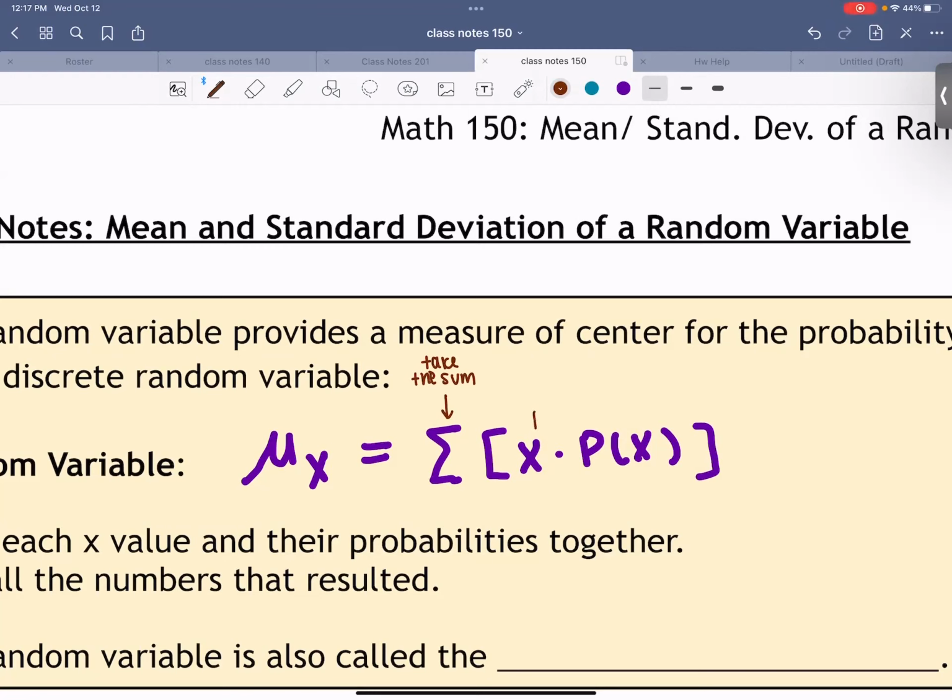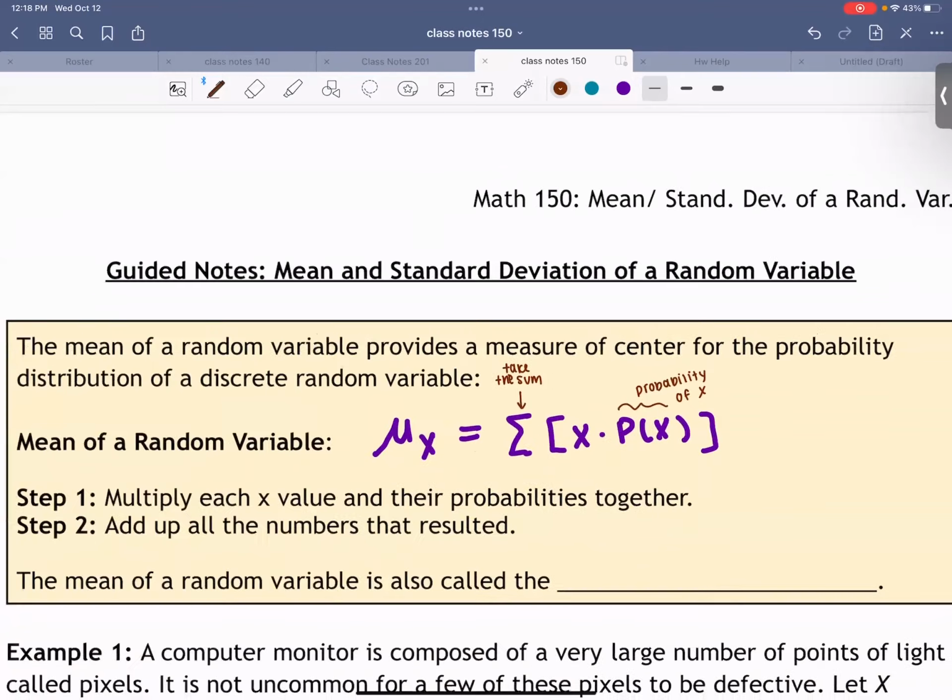Now here we have x, which is our variable, or all the different outcomes that can happen. And over here we have p of x, which is just the probability of x. I know this formula looks kind of crazy and condensed, but all it's saying is take the sum of x times p of x for all of the outcomes that can happen.